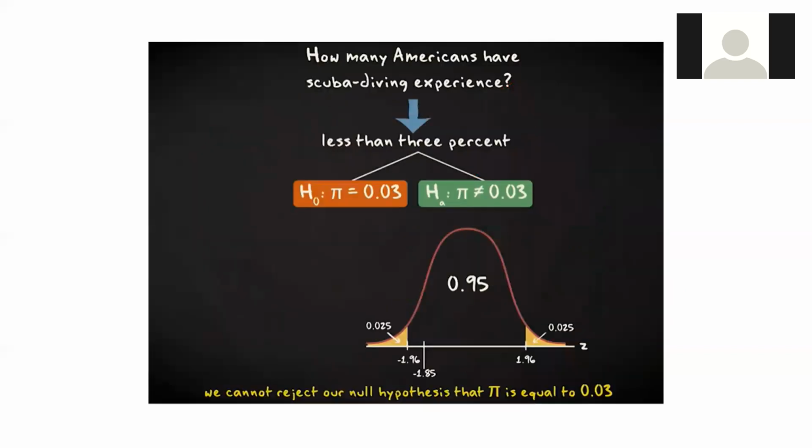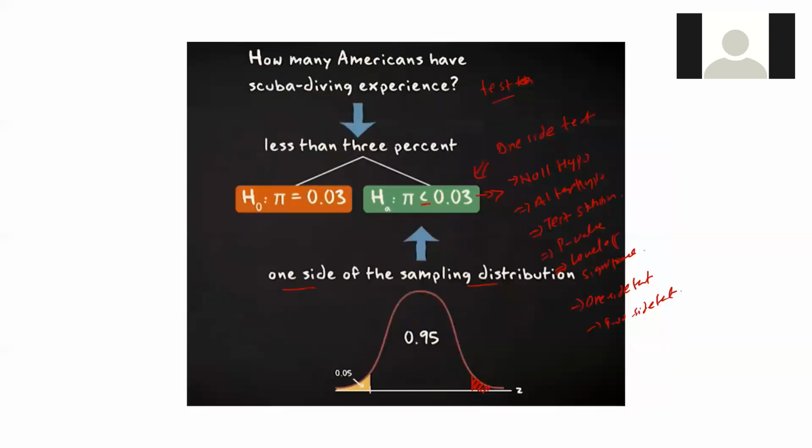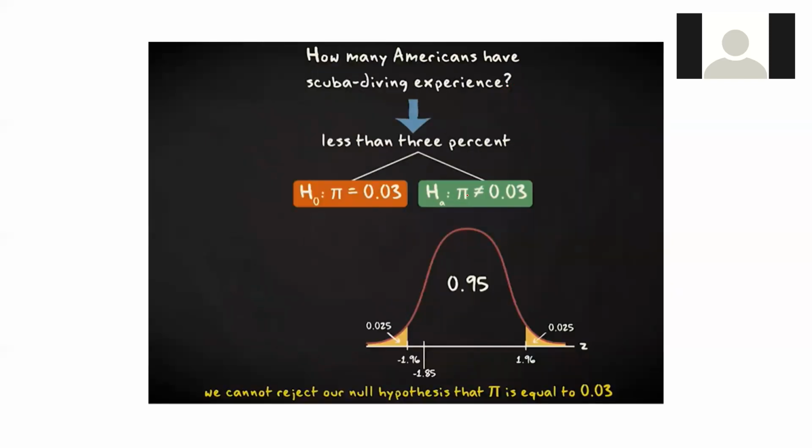So how many Americans have scuba diving experience? Here this is a one-sided test, and the proportion is here because this is less than 0.03, meaning it lies here. If it is not equal to 0.03, this is a two-sided test, which means two sides here.